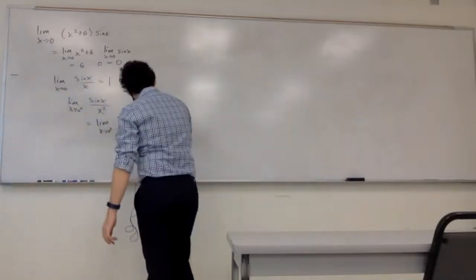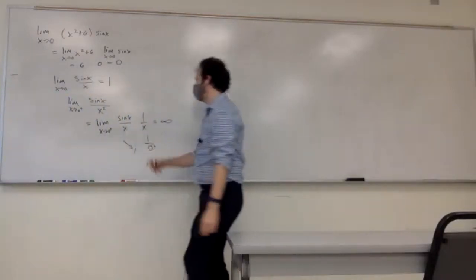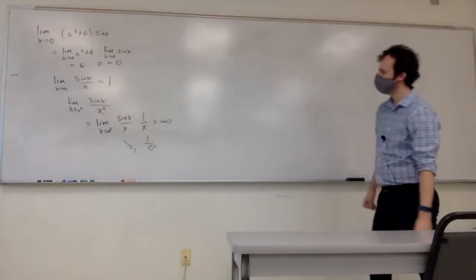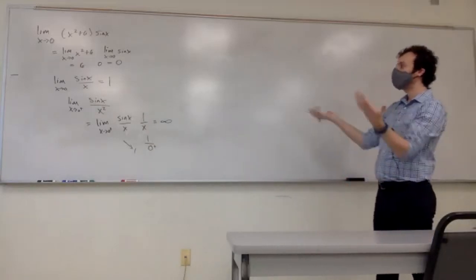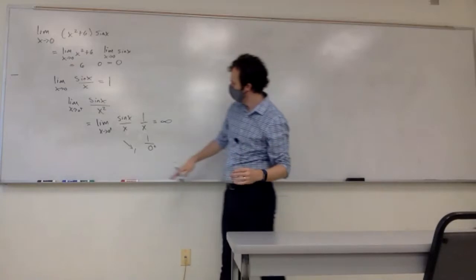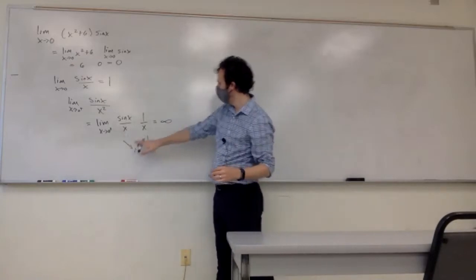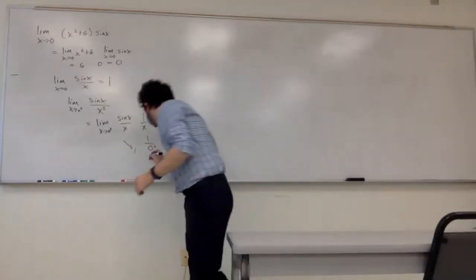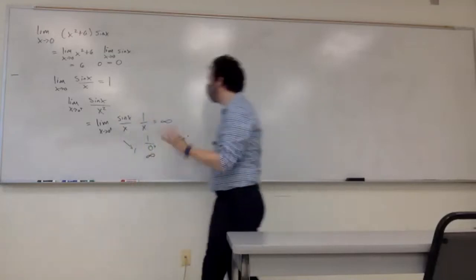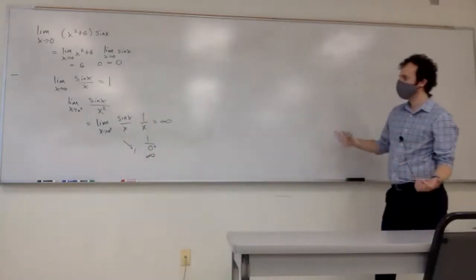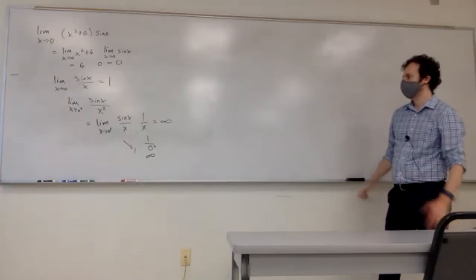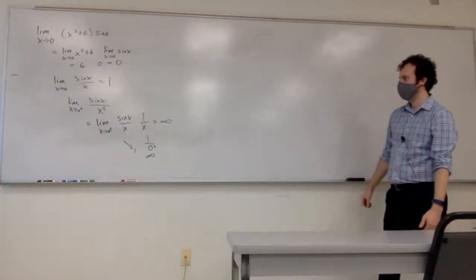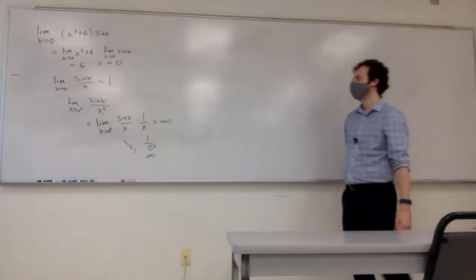So this limit is infinite. Because we really look at the 2 pieces separately. This goes to 1, this part goes to infinity, and combined, something going to infinity times something that's leveling off anywhere other than 0, that's going to go to infinity.